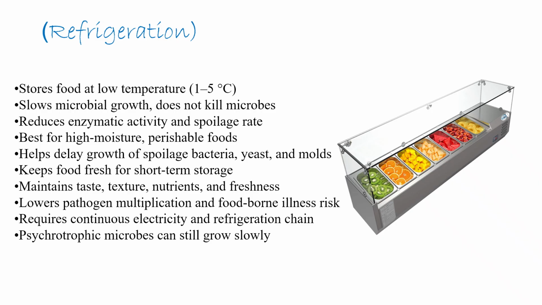It is best for high moisture and perishable foods only. It helps delay the growth of spoilage bacteria, yeast and mold also. It keeps food fresh for short term storage, and maintains its taste, texture, nutrition and freshness, lowering the pathogenic multiplication and foodborne illness risk.